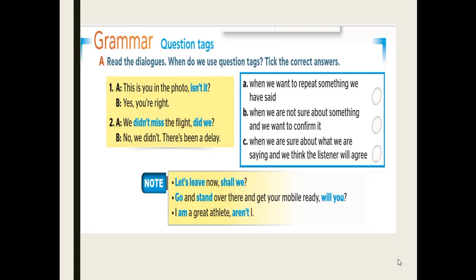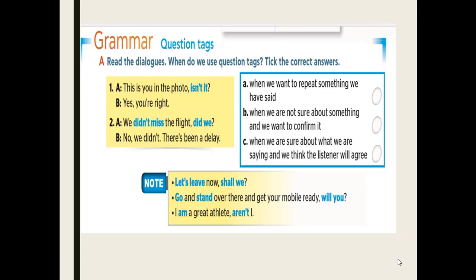Did we? Compare the first part and the second one. We didn't miss the flight. The first part, and the tag question is, did we? Negative and positive. Look at the number one. Positive, this is, isn't it? We didn't miss the flight, did we?